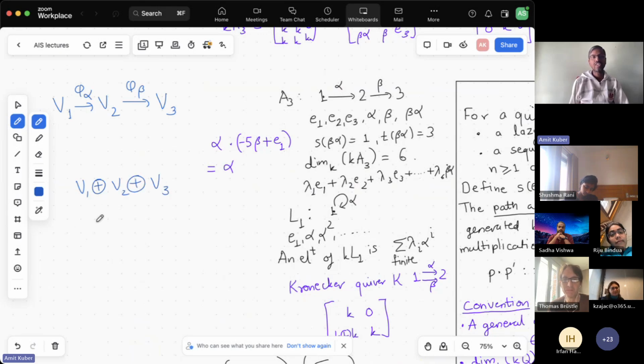And what will be the action? So let me take a tuple. What will be the action of the generator beta alpha on this tuple?